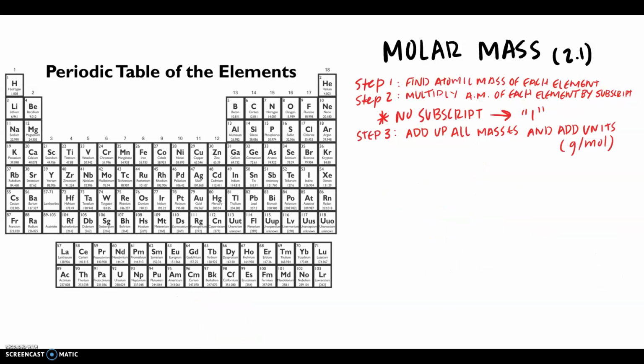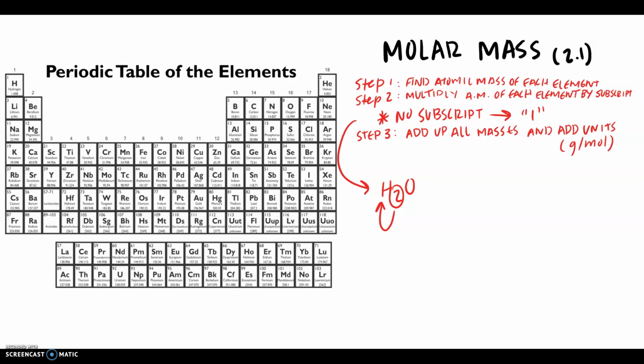Alrighty, so up here, I just rewrote the 3 different steps. So 1, find the atomic mass of each element. 2, multiply the atomic mass of each element by its subscript. And it's important to note that whenever there's no subscript present, and I use the example of H2O, 2 is the subscript denoting that there are 2 hydrogen atoms in this molecule.